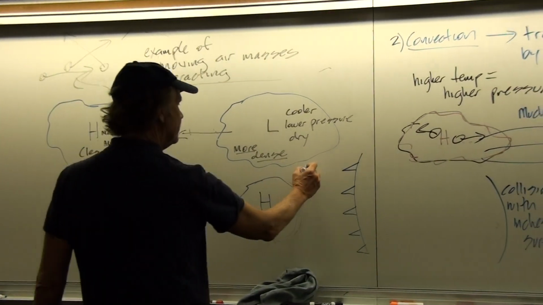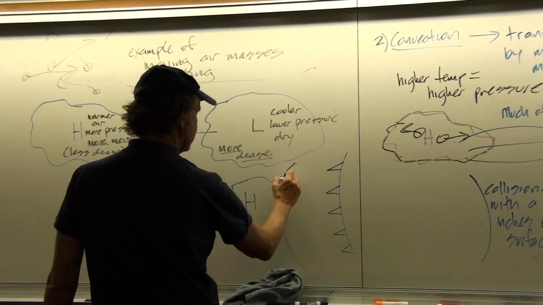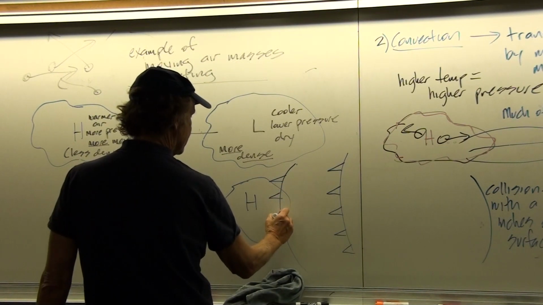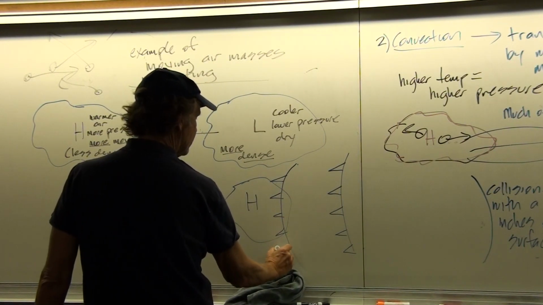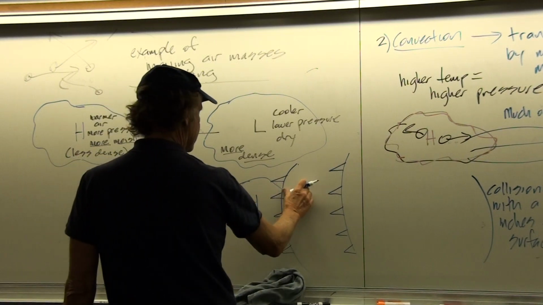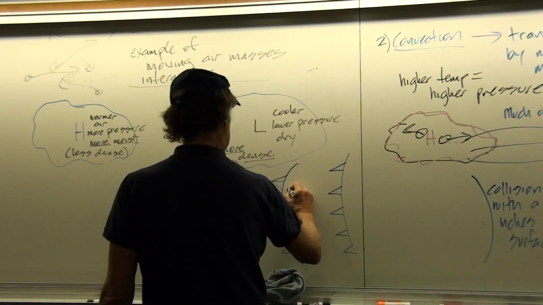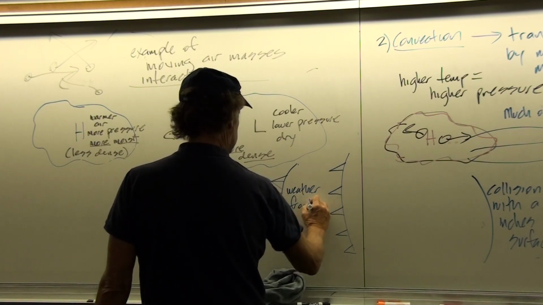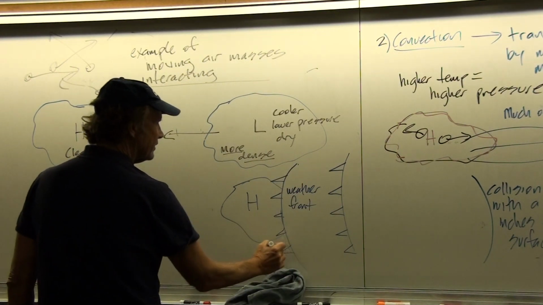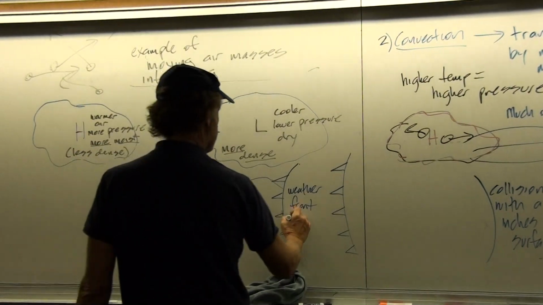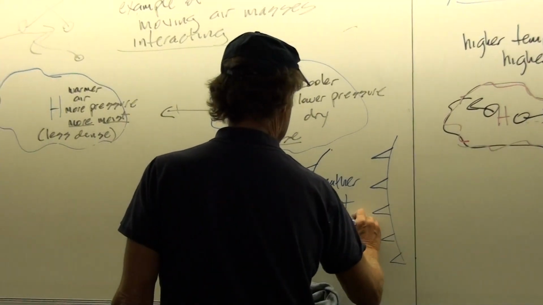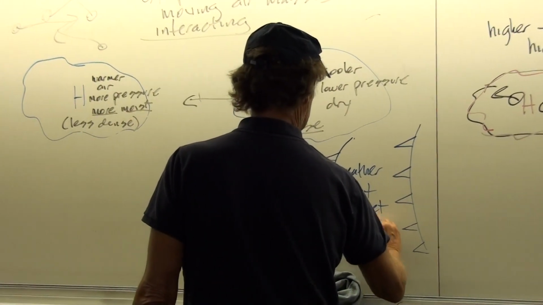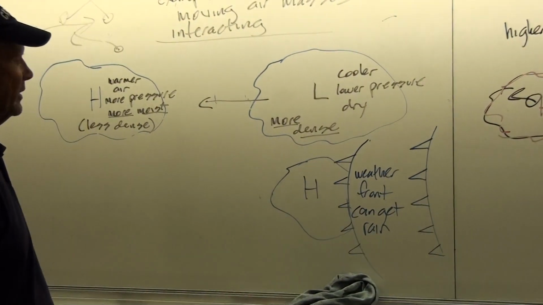And then at the moment that the low pressure region comes in contact with the high, we have what's called a weather front, because along this line we can get rain. Now why does this happen?